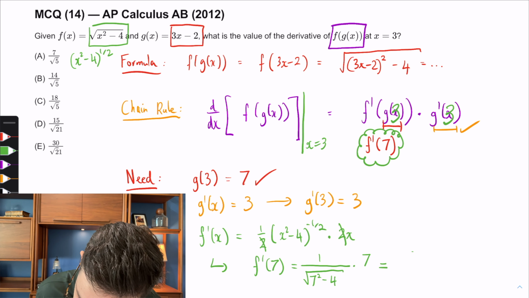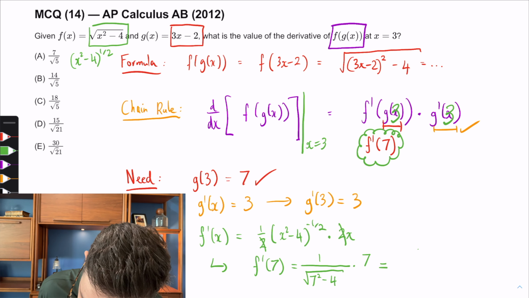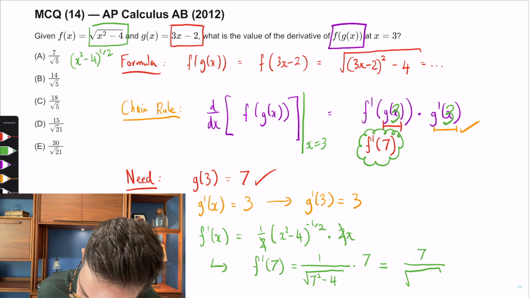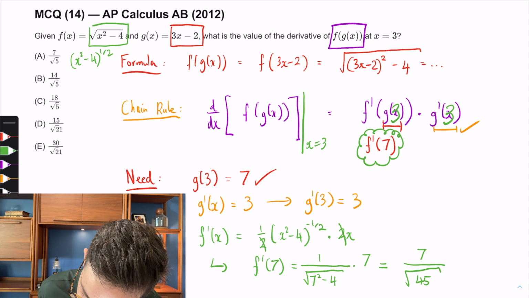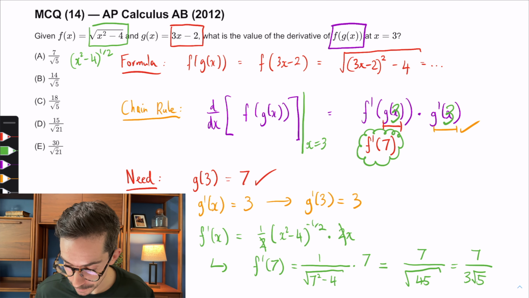I get 7 over the square root of 49 minus 4, that is 45, but let's simplify that square root as 3 root 5, because 45 is 9 times 5.